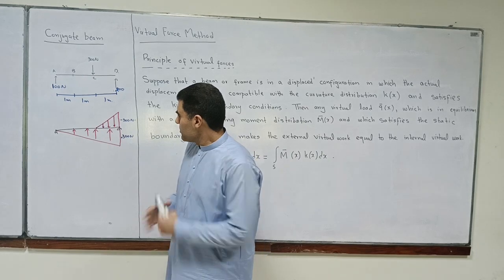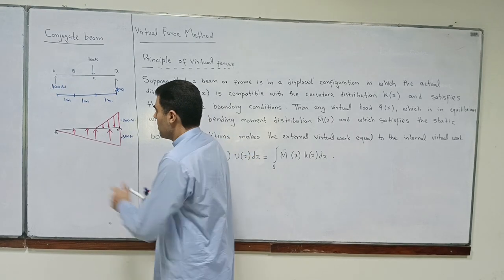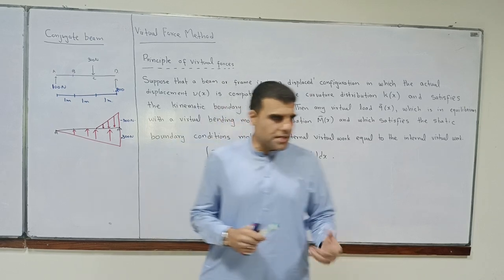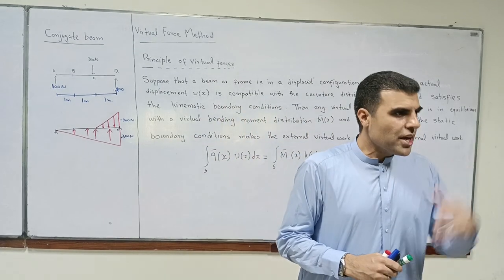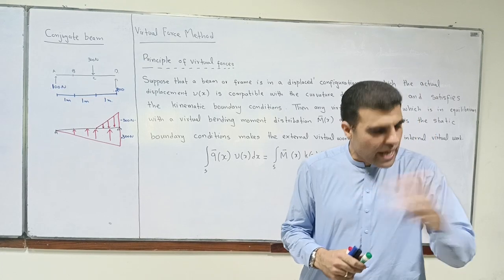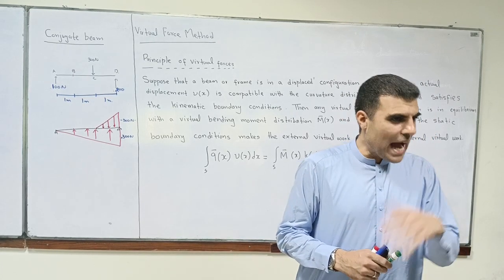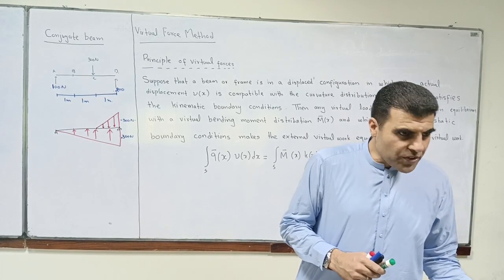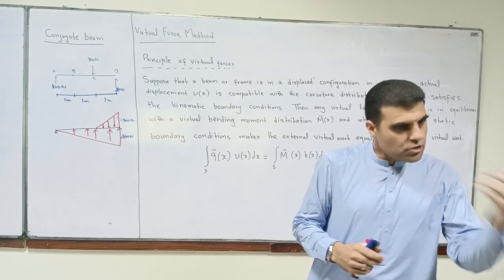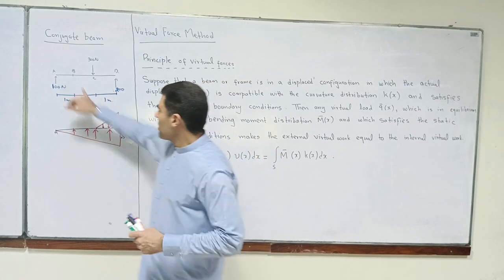Now, if you are asked to find the rotation or the deflection at a particular point, you have to do nothing more than finding shear, which is analogous to the slope, and moment, which is analogous to the deflection. So that's all you need to do.